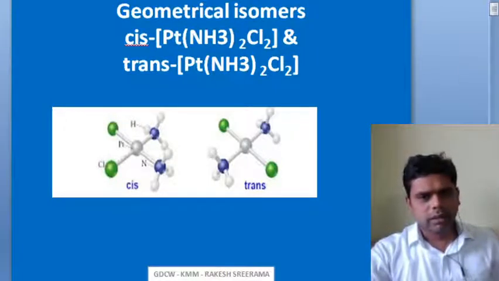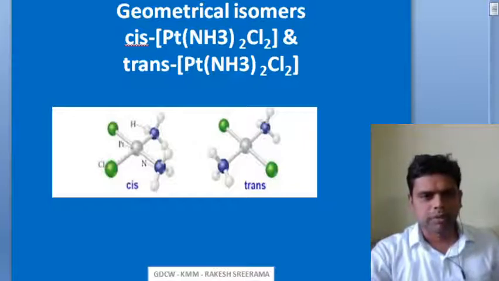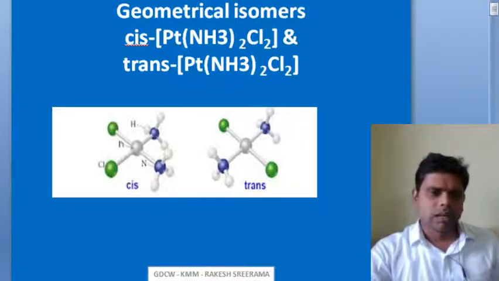And in the second part of the picture, the two chlorides, the green balls that you look at, are with maximum separation, with 180 degrees of separation, which results in a trans isomer. This amine and that amine, in both the cases you look at, if both amines are close, it is cis.